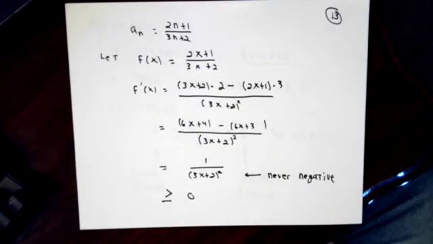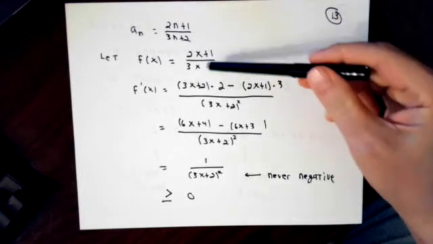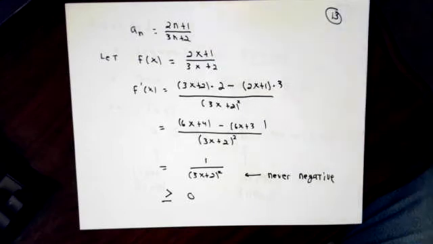So let's look at that same sequence we were talking about before. Obviously, the easiest continuous function that I can cook up that will make f evaluated at n equal to a sub n is simply to replace the n with x. And I'll use the quotient rule from calculus 1 to calculate the derivative.